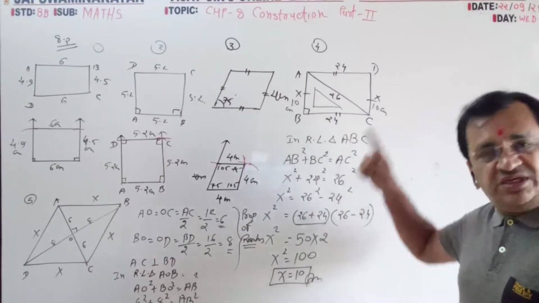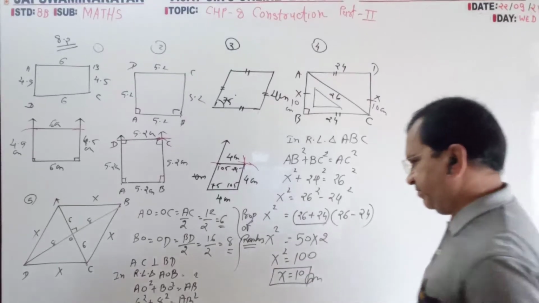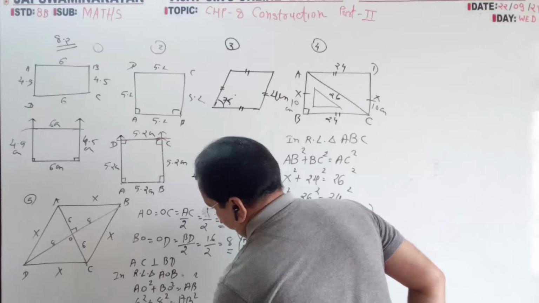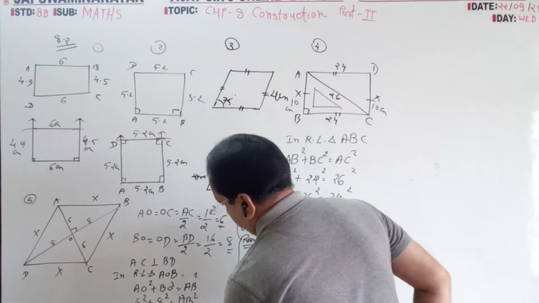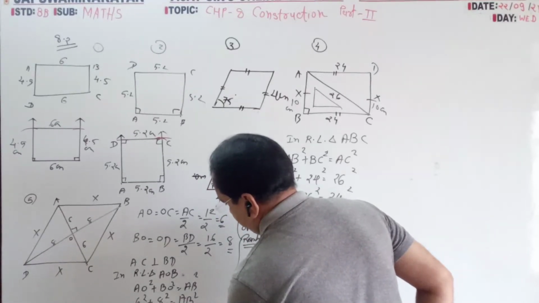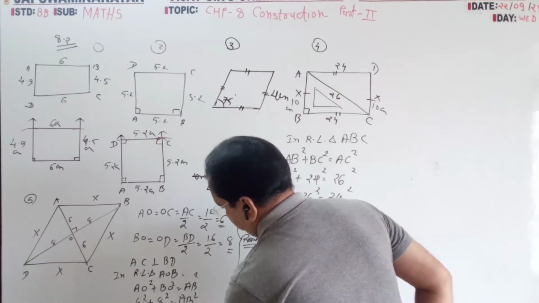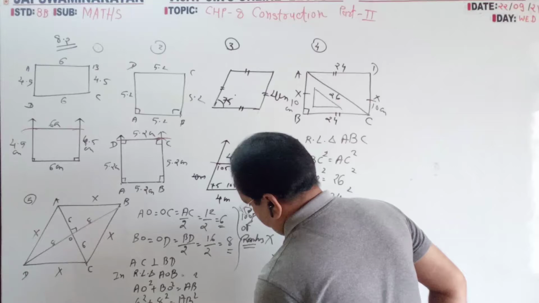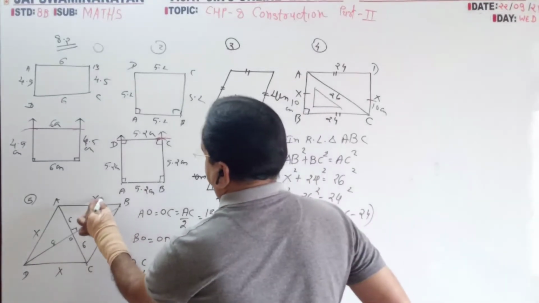A square minus b square is equal to (a plus b)(a minus b). 6 square is 36, 8 square is 64, AB square. So AB square is 100. So AB is 10. So all sides are 10 centimeter.